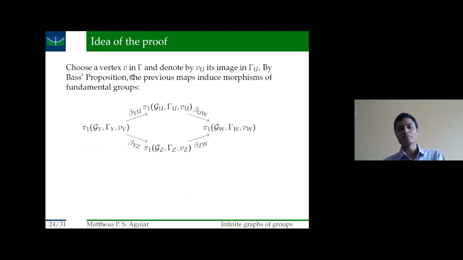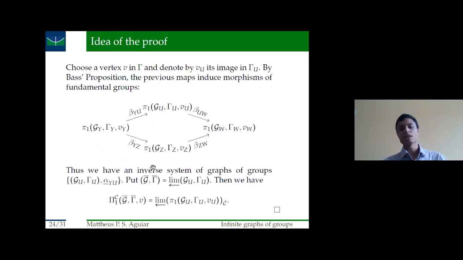So since we have maps of graphs of groups, by Bass's proposition, we have induced maps on fundamental groups with base points. And now we take the inverse system of graphs of groups, and we put this G bar, gamma bar as the inverse limit of G_U, gamma_U. And now the pro-C fundamental group of these equals the inverse limit of the finite cases and the profinite completion of each of them.